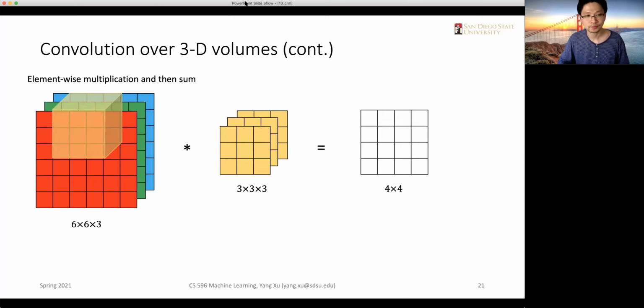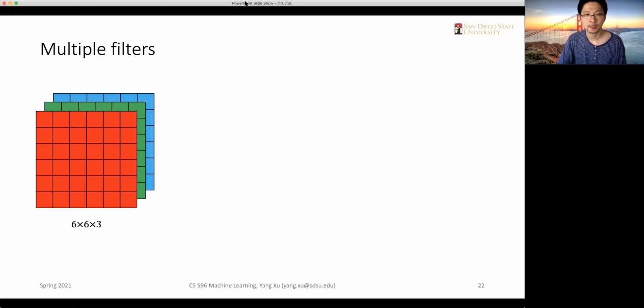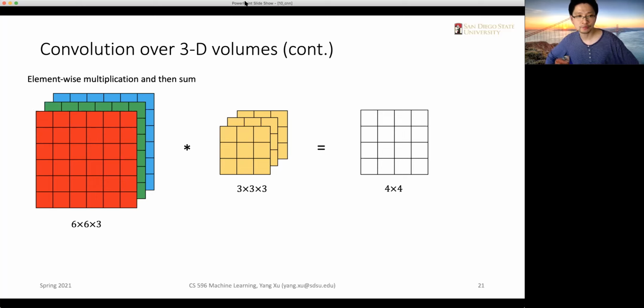And then we move the cube to the next position and do the same computation, just like the way we did for the two-dimensional case. The result would be a 4x4, because if you use the formula, the input size is n and the filter size f is 3.